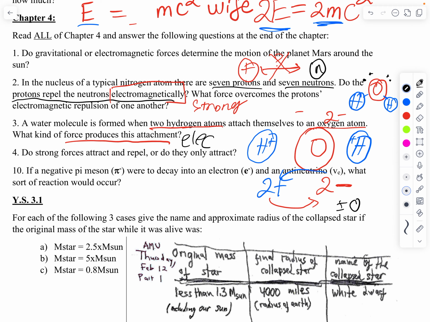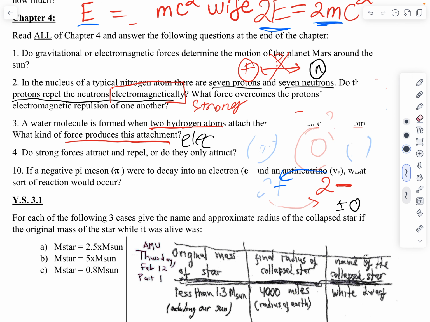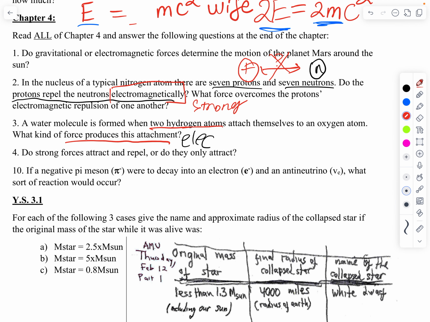You don't have to know that by now. It will be in chem if you're going to take chem, but it's really cool. These atoms are holding each other based on their charges. So this is electromagnetic force.